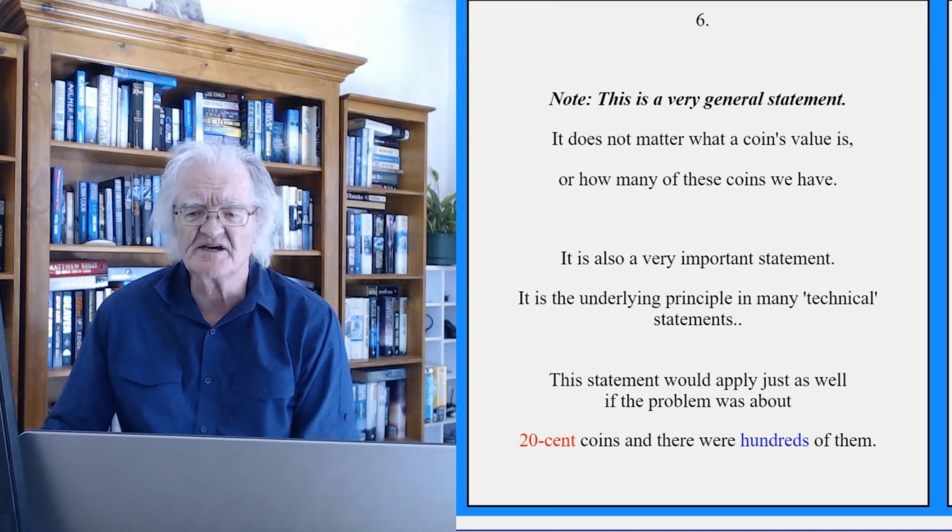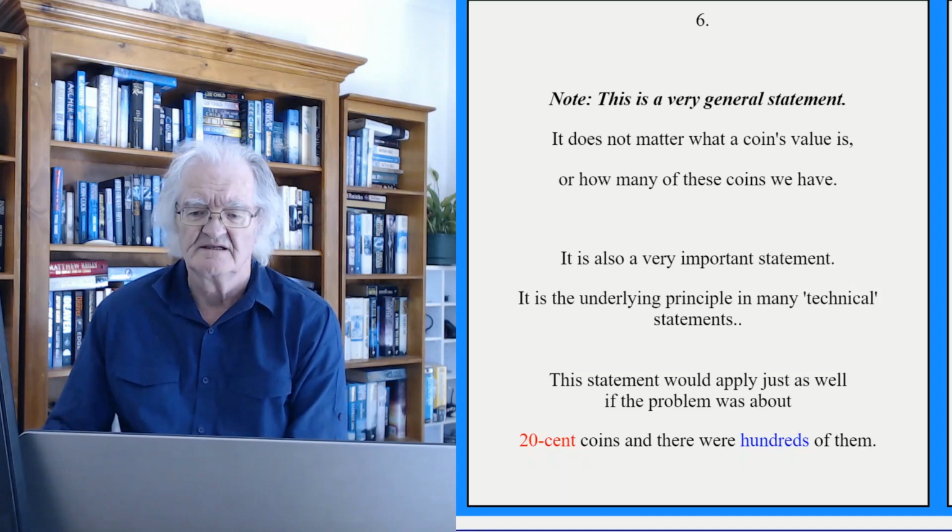It's a very general statement. It does not matter what a coin's value is or how many coins we have. It's a very important statement. It is the underlying principle in many technical statements. This statement would apply just as well if the problem was about 20-cent coins and there were hundreds of them.